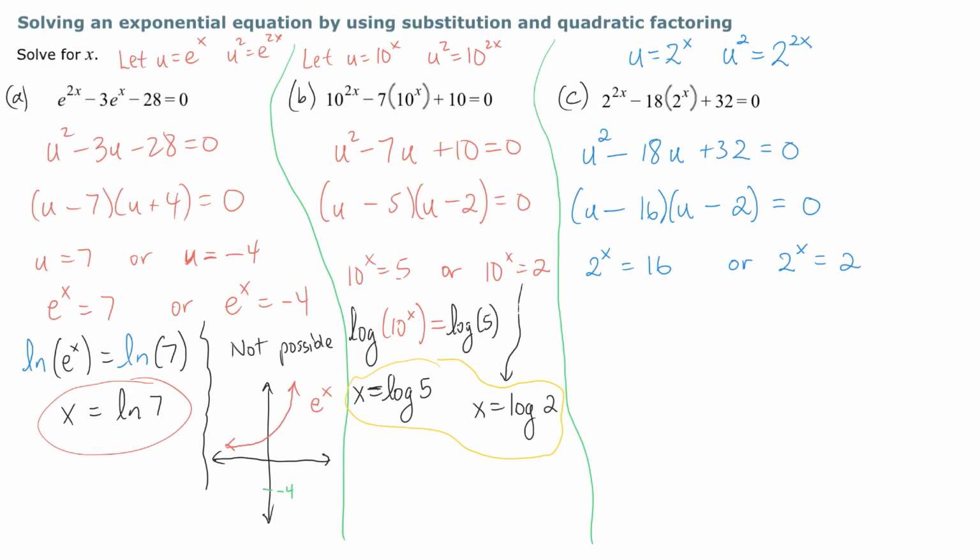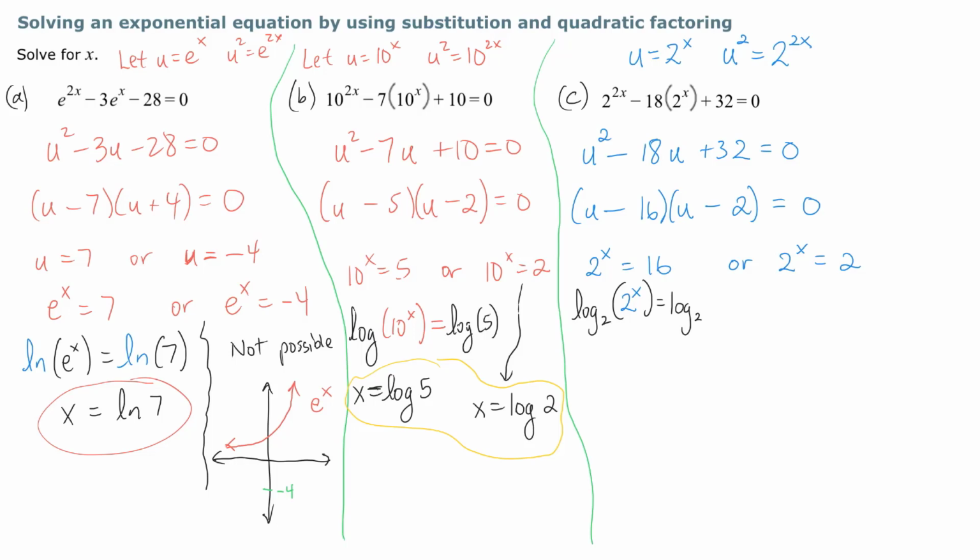You could apply the log base 2 function to both sides here. That's one way to do this. Why don't we try that, just to maintain some consistency here. Because it's base 2, we have to write log base 2. x is now equal to log base 2 of 16.